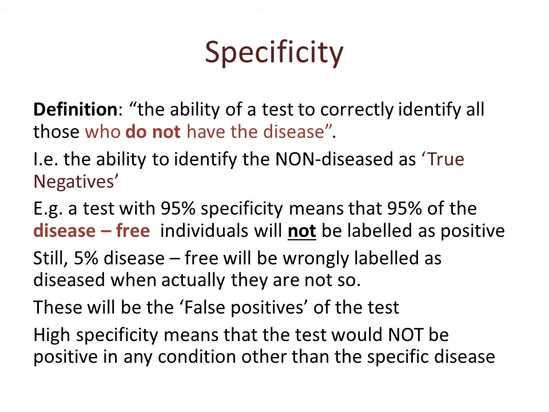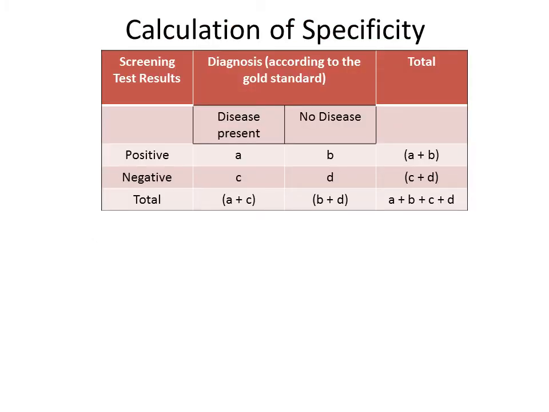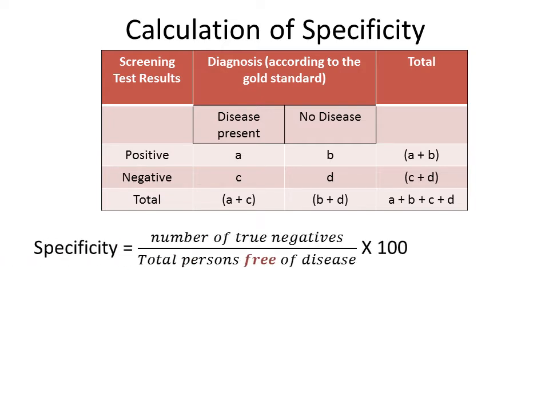High specificity means that the test would not become positive in any condition other than the specific disease. Steps in calculation of specificity. We use the same table as discussed previously. Specificity is calculated as the number of true negatives divided by the total people who are free of the disease, times 100.